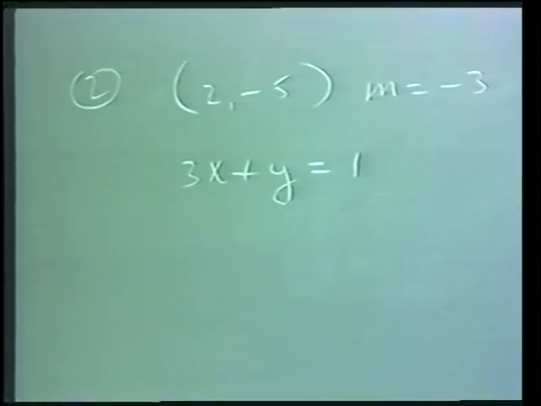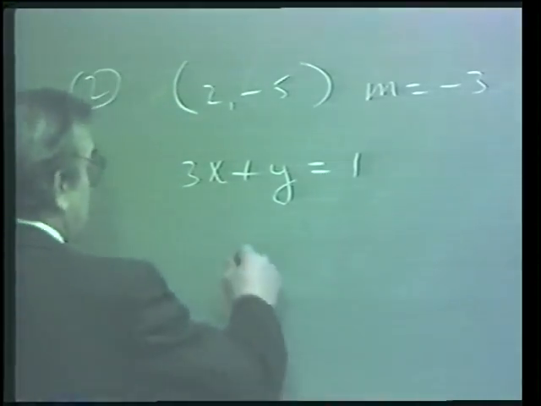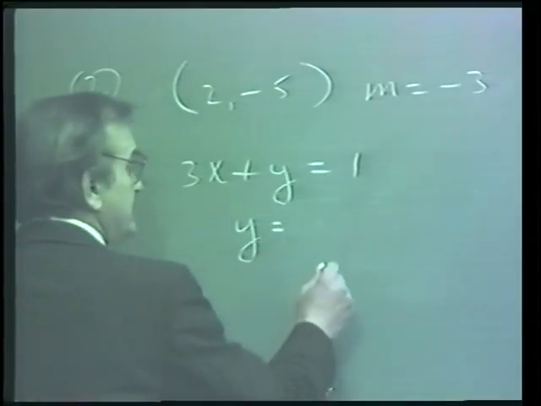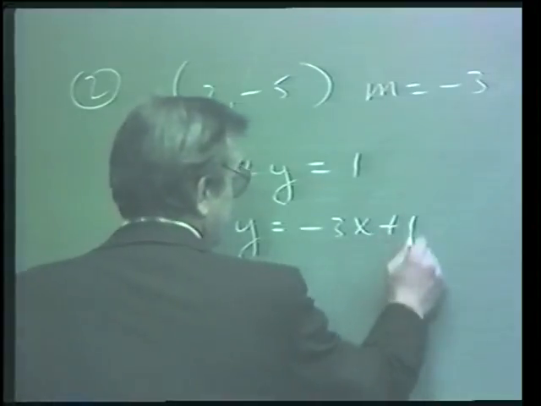Okay, this should take matters of seconds. What do you get when you solve it for y? Rich? You have to add a -3x to both sides. Your y is equal to? 1 minus 3x. Or -3x plus 1.